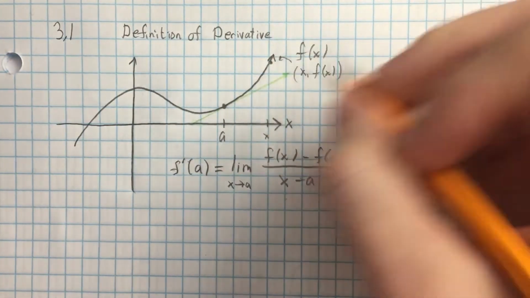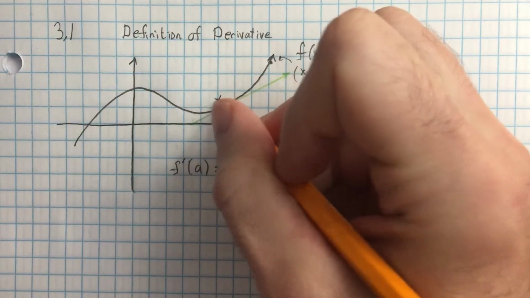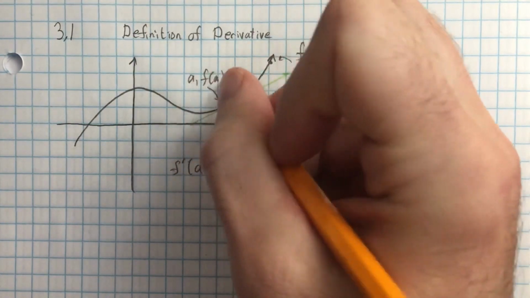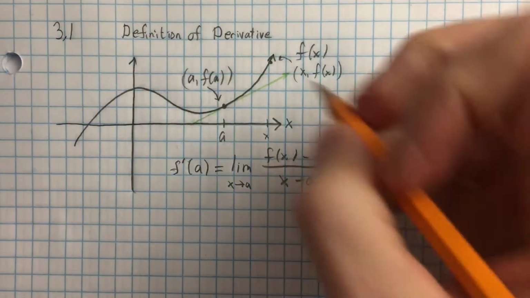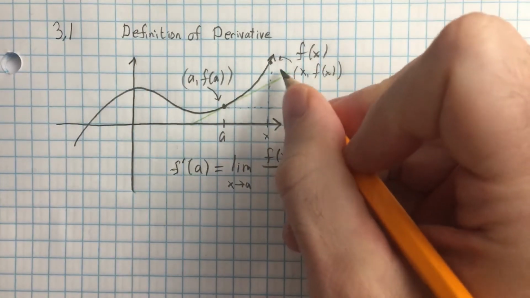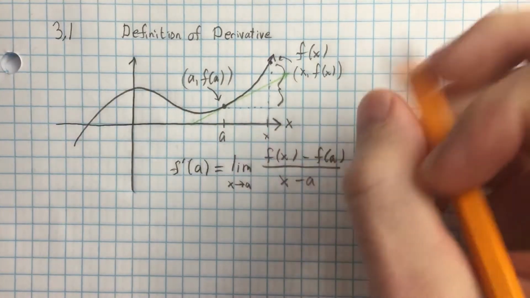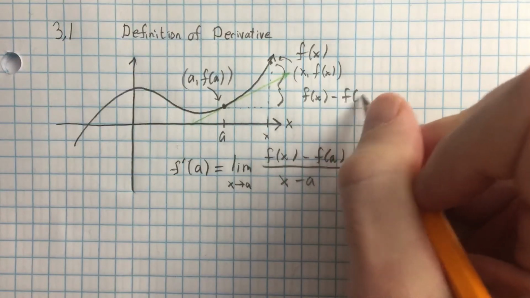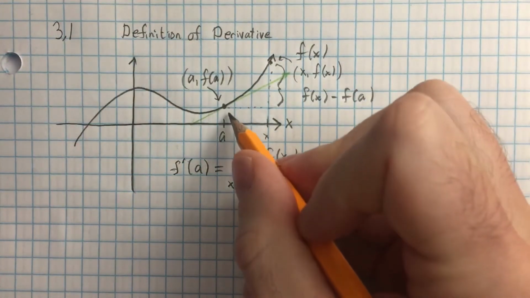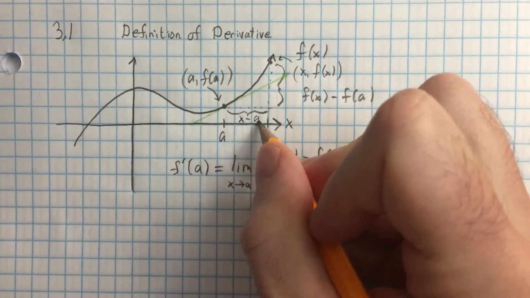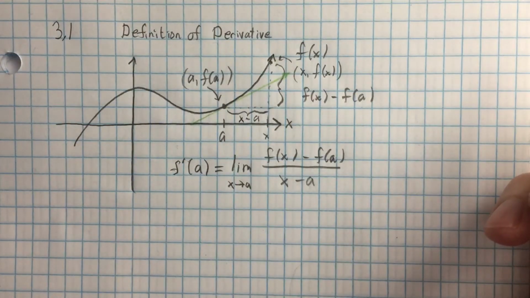That's that point there. And like we had before, this point is A comma f of A. This distance is the numerator, f of x minus f of A. And this distance is the denominator, x minus A, as before. There's no difference whatsoever.